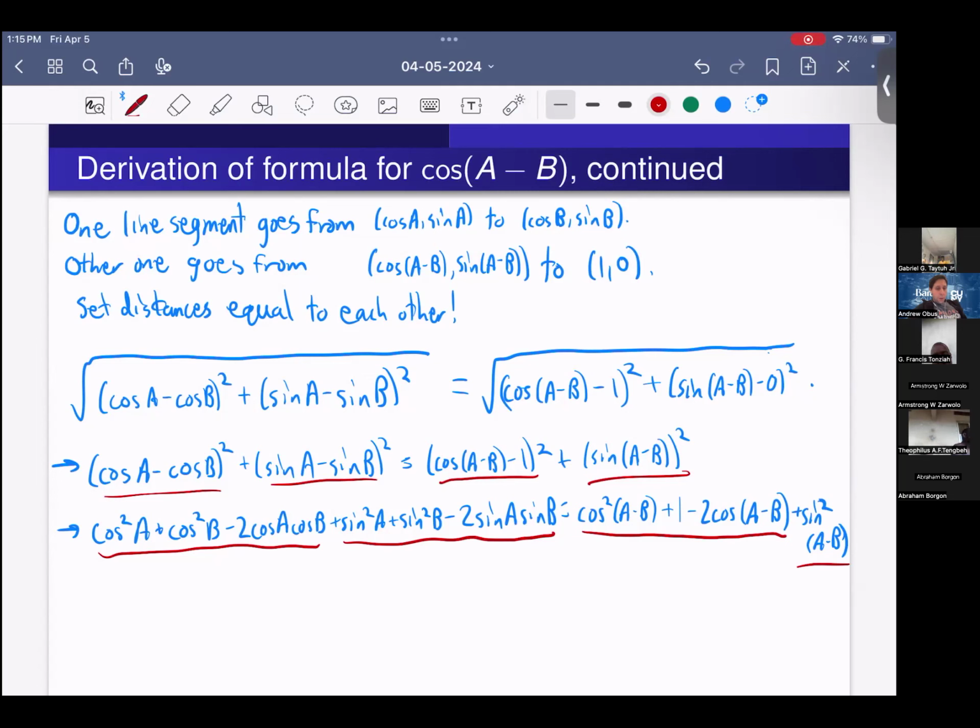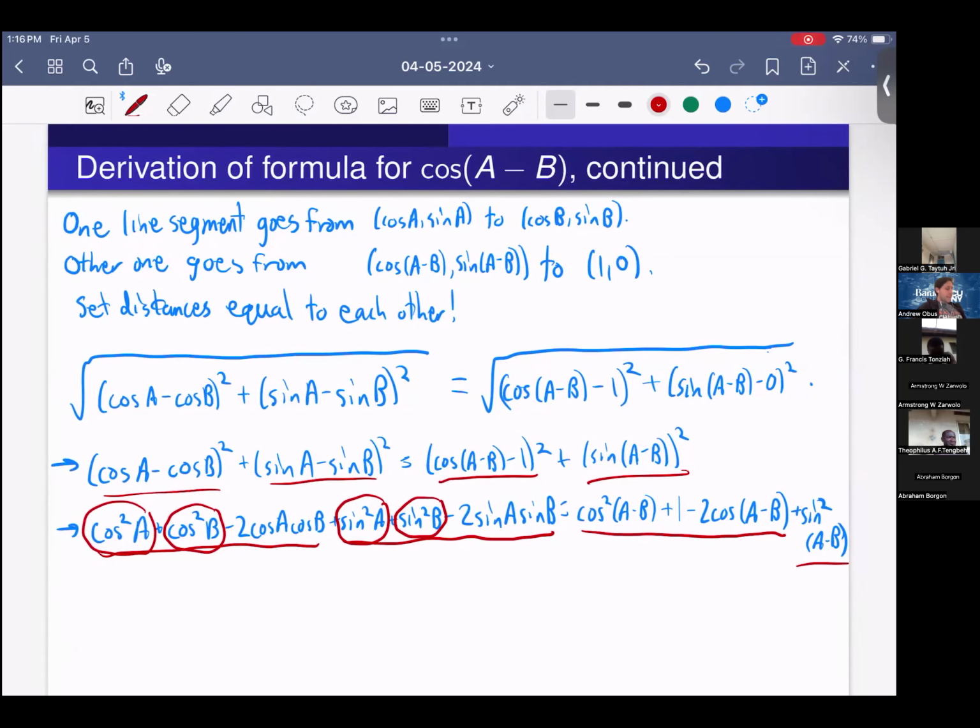Let me start doing some canceling. I have a lot of terms that I can simplify here. Here I have cosine squared A plus sine squared A, that's equal to 1. And cosine squared B plus sine squared B is equal to 1. And cosine squared (A minus B) plus sine squared (A minus B) is also equal to 1.